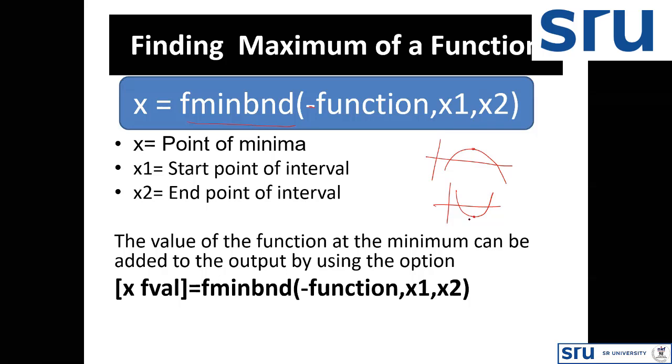If you change the direction of this function, the function will be reversed and will look like this if the minus sign is given. So this point of minima will become the point of maxima. Just give the minus sign and everything else will be the same, you are only changing the sign of your function. There is no other change.